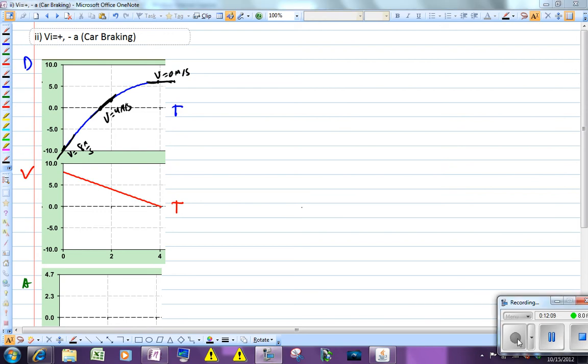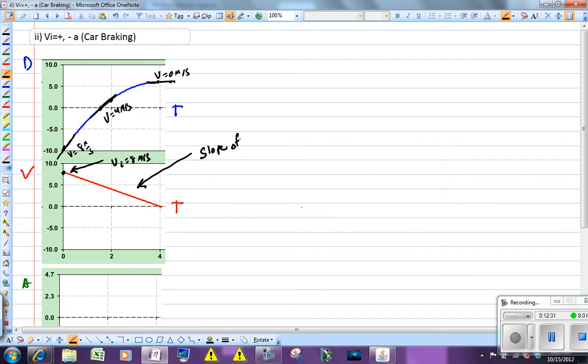Now there's going to be 3 pieces of information we can get from the VT graph. One of those, by looking at the y-intercept, we can tell, okay, the initial velocity is 8 meters per second. The second thing we can tell from a VT graph is the acceleration. That we get from the slope.